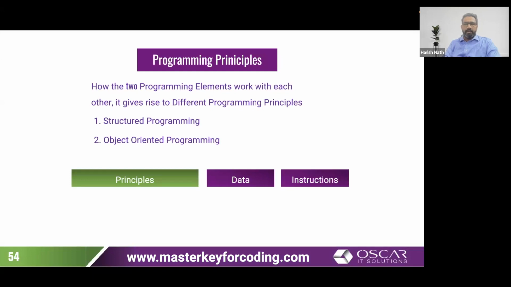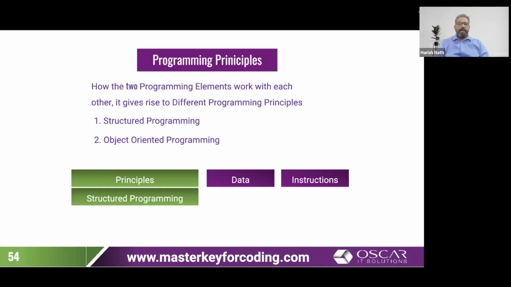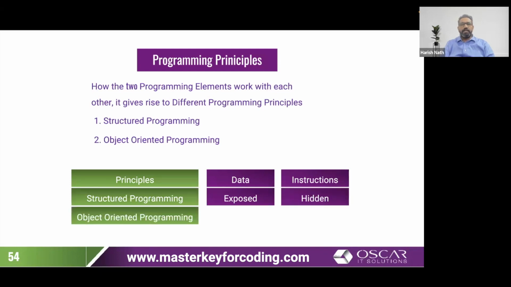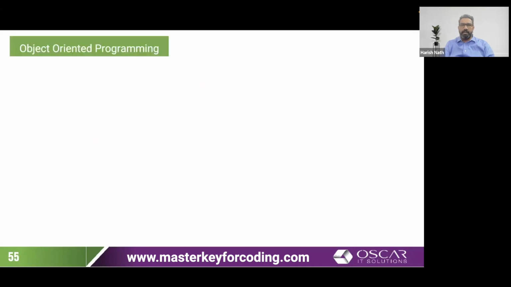Anyways, we have the 2 elements, one is data and the other is instructions. When it comes to structured programming, data is exposed and instructions are hidden. Whereas when it comes to object-oriented programming, the principle says data must be hidden and instructions must be exposed. With this in mind, let's try to explore object-oriented programming.